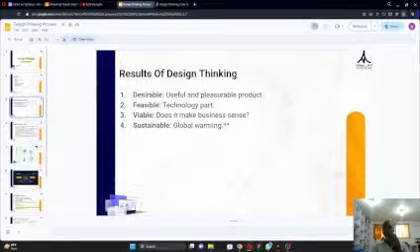First one, it needs to be a product that's going to be desirable, feasible, viable and sustainable. You need to take note of everything, right? So that's the result. Like we're saying, the importance, the reasons you are conducting design thinking. These are the results, right? Desirable, feasible, viable, and sustainable.